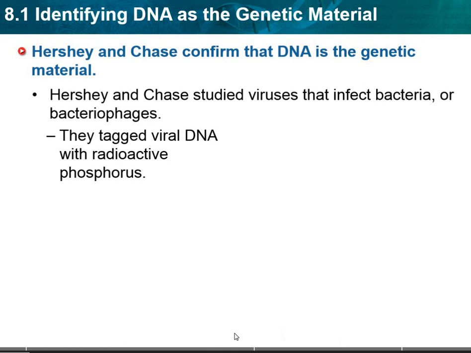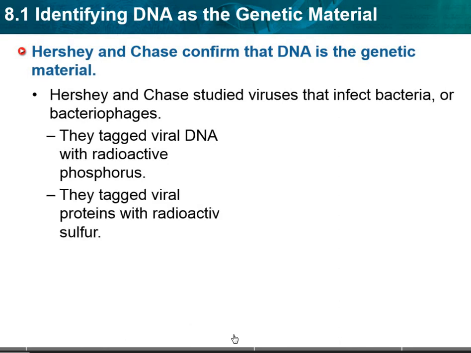A virus is made up of protein and DNA, and so they made the protein and DNA radioactive. Then they were able to see what was actually put into the bacteria.